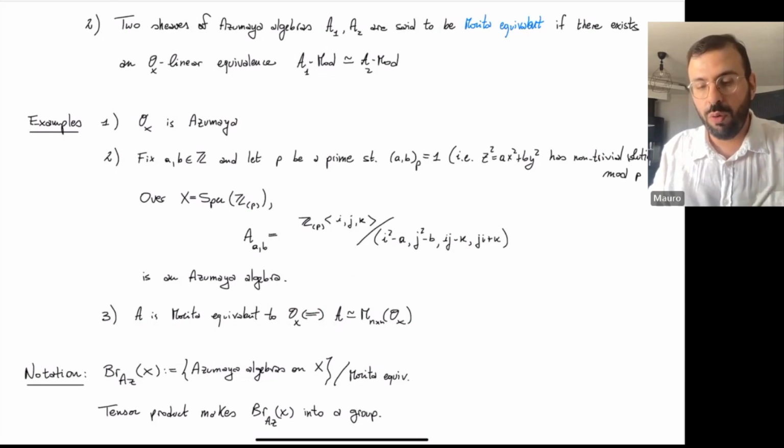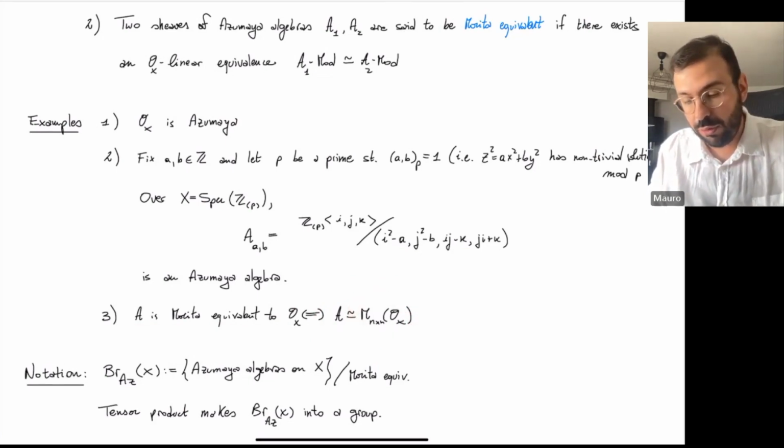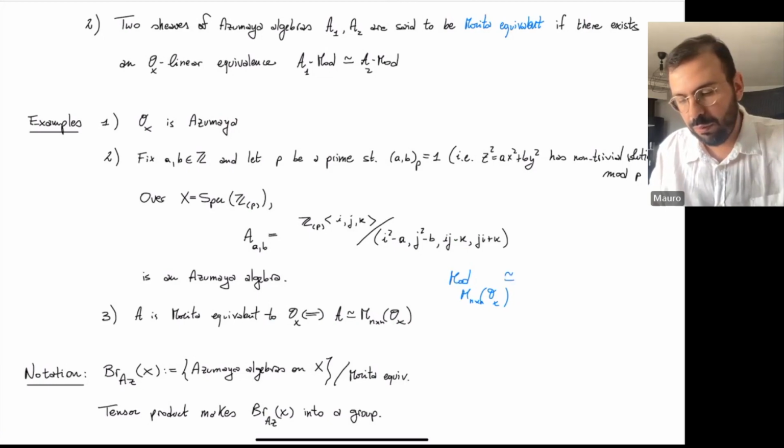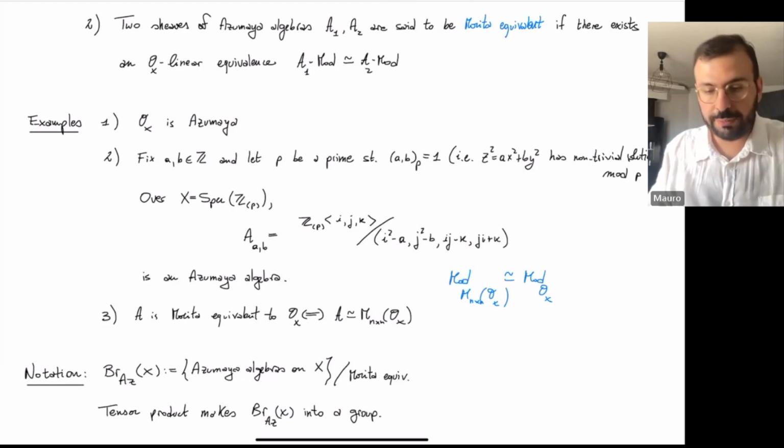When we look at matrix algebras, the category of modules doesn't change. This is a standard, important fact in K-theory. It's equivalent to modules over O_X, and so this is what it means to be trivial.